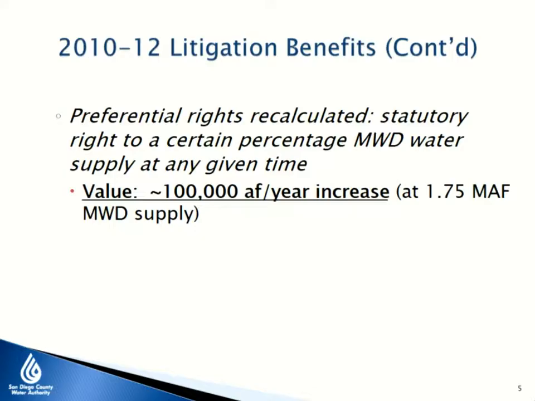Next slide, please. So in addition to that issue, we also, in the case, won a victory on preferential rights being recalculated. Under the Metropolitan Act, which is passed by the state legislature, there is a priority scheme for Met's water.